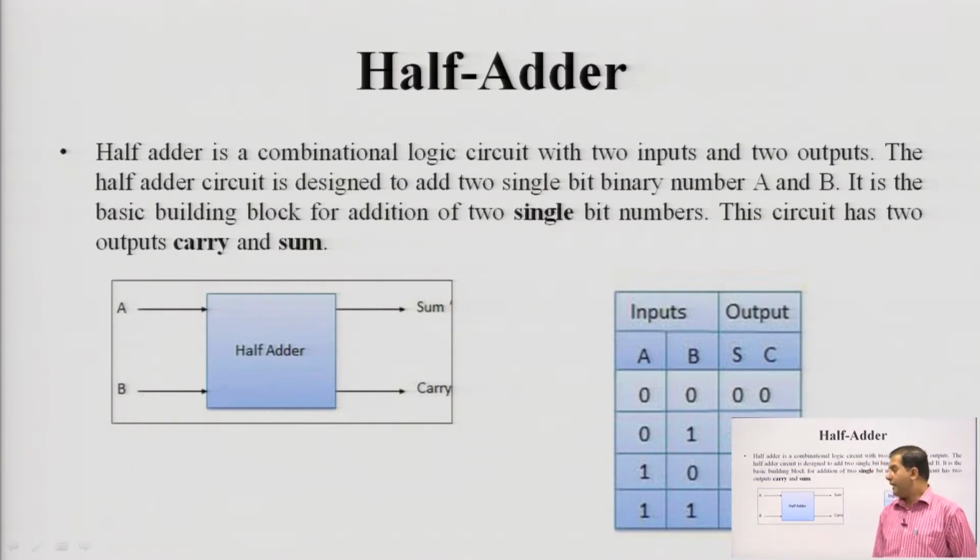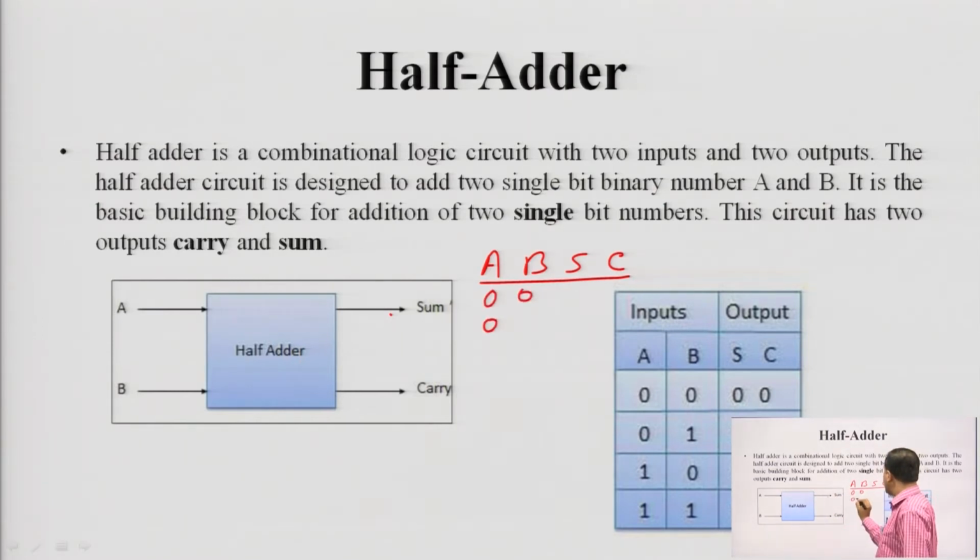Okay. So, let us see the block diagram of the half adder. Here we have 2 inputs A and B and 2 outputs, sum and carry. Suppose we have A and B. If we do binary addition, with 2 inputs there are 4 combinations: 00, 01, 10 and 11.